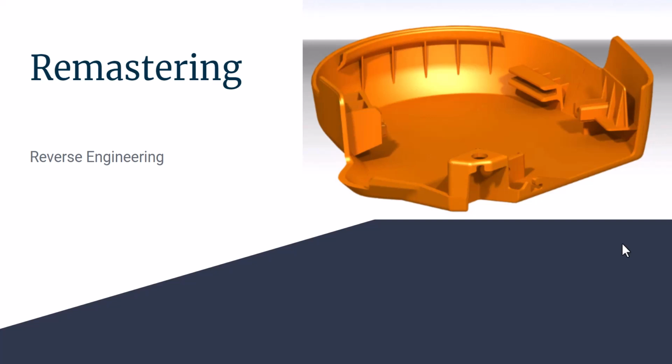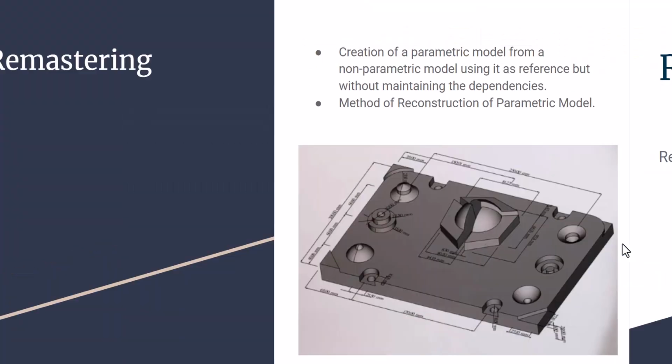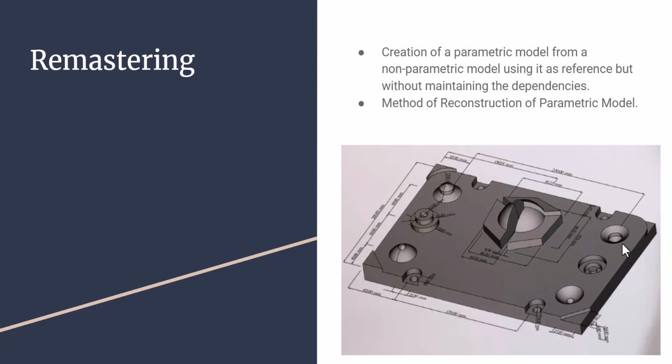If I talk about the definition or the generic idea about remastering: remastering is the creation of a parametric model from a non-parametric model, using it as a reference but without maintaining the dependencies.